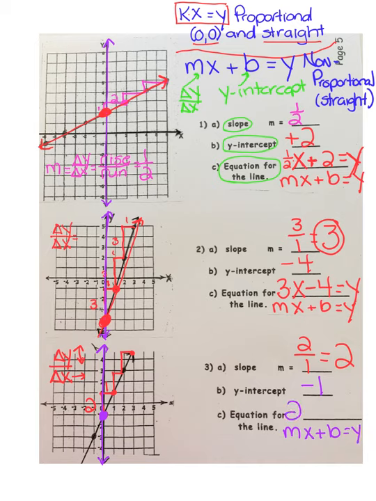We have a slope of 2 times x, minus 1 is our y-intercept, equals y. Take some time and complete all your notes for this particular page on writing non-proportional linear equations. This concludes this video.